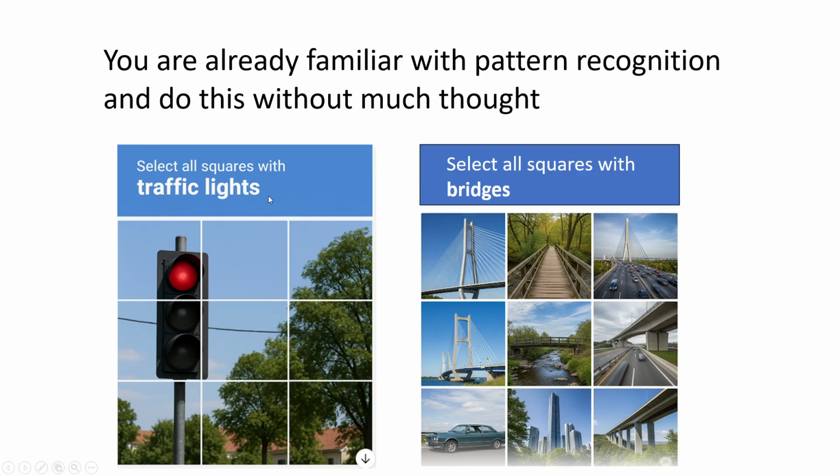Let's look at all the squares with traffic lights. This is your right brain. Bridges, your right brain figures out the bridge. Oh, there's no bridge there, no bridge there, but immediately you recognize these patterns. So you're already trained in how to do this. It's just a question of honing your skills for bat calls.